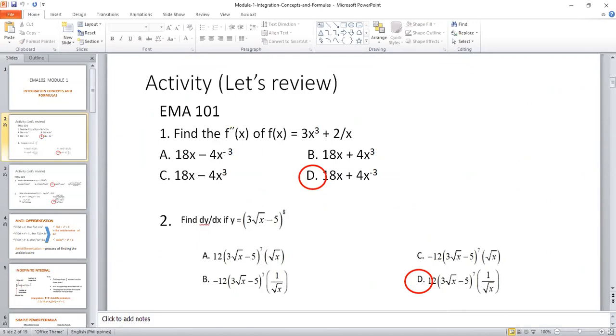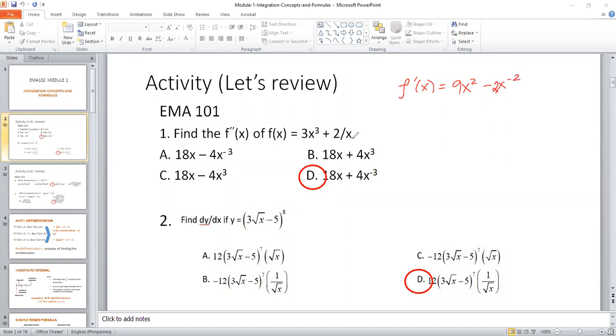So if you do your review of differential calculus and find the second derivative of the function of x that is given here, you first find the first derivative, and that would be 9x squared minus 2x raised to negative 2.